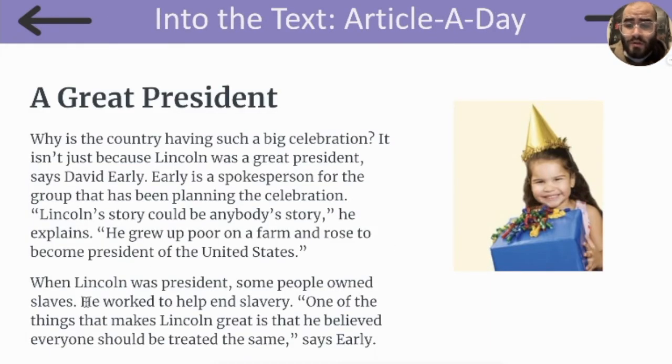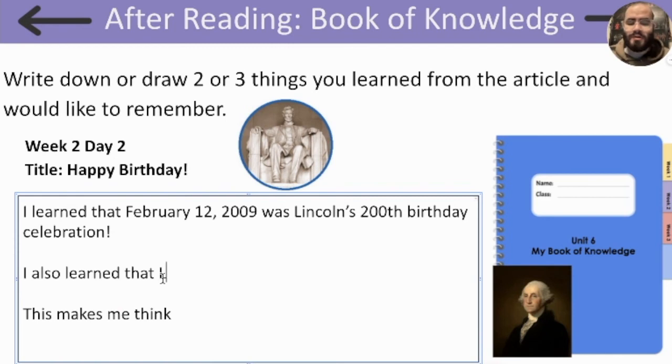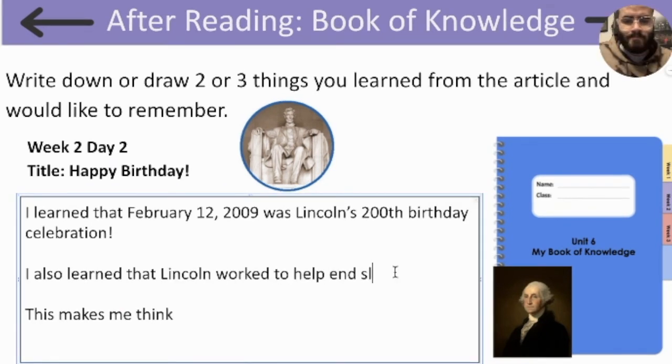I also learned that Abraham Lincoln worked to help end slavery. I'm going to write that down. I also learned that Lincoln worked to help end slavery. This makes me think of George Washington because he was also a president.